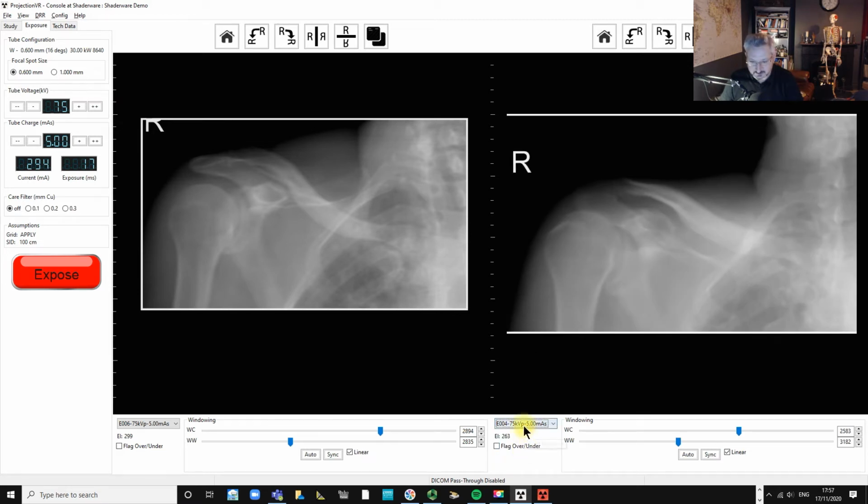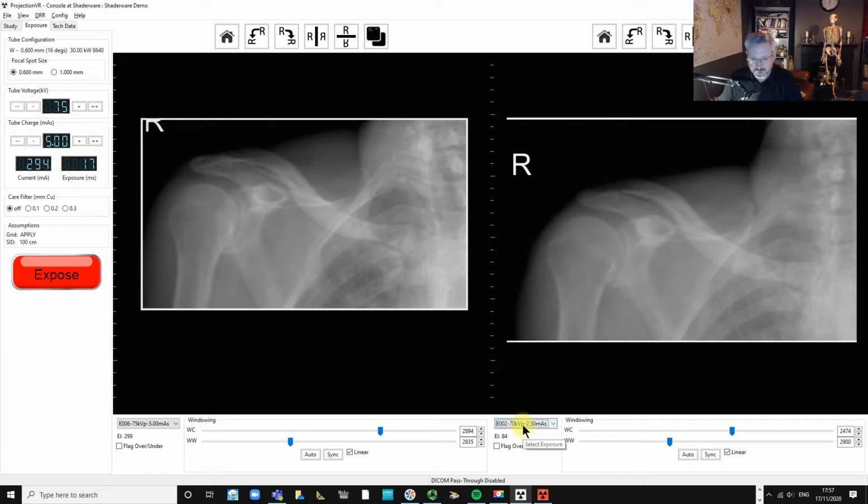So I'm just trying to get an equal. So this is the AP image, and this is the PA image. So certainly you can see there's a lot less magnification because this is a lot narrower than this. So I think the PA is actually a nicer image of the clavicle.